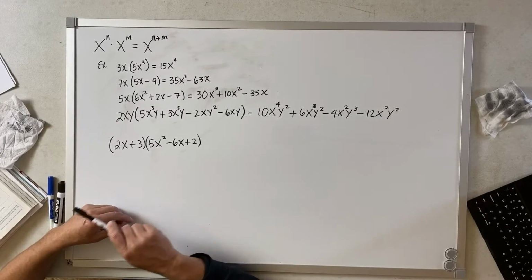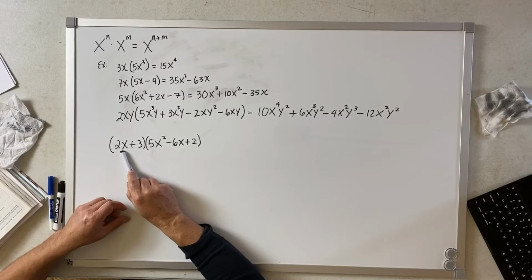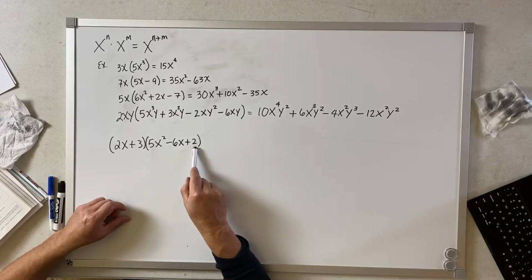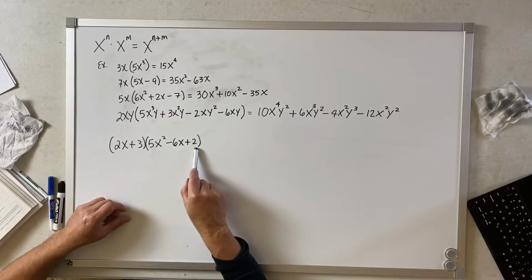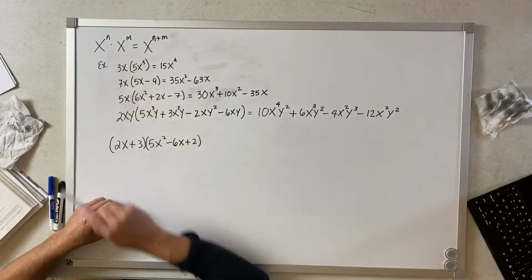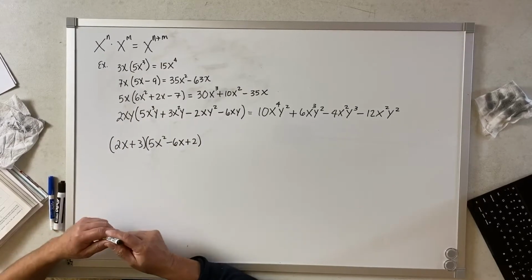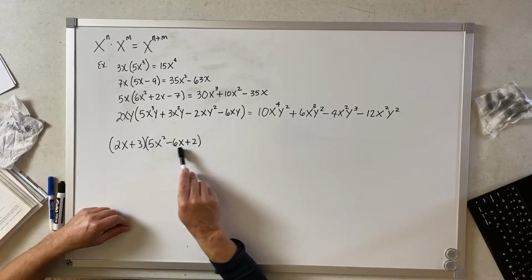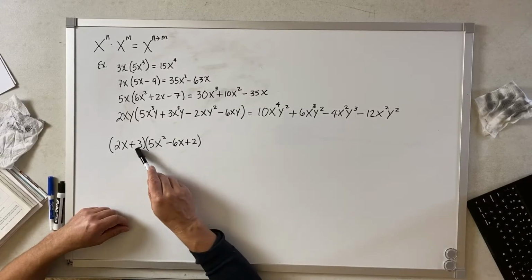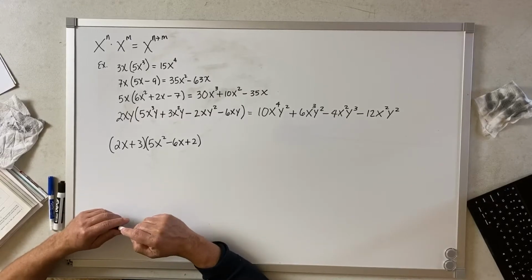To begin with, I have to multiply 2x times everybody in the trinomial, and I have to apply the product rule. Then I'm going to have to multiply 3 times everybody in the trinomial, and then collect like terms.